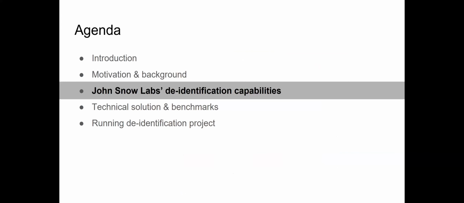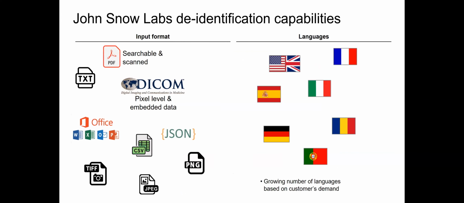All right. So second, what we can do in John Snow Labs. For de-identification, we have part of the software which is doing the de-identification. As for input format, there are many different formats. Let's say the most popular is PDF. It can be both scanned PDF or machine-readable, searchable PDF.